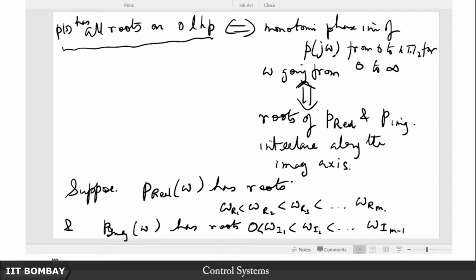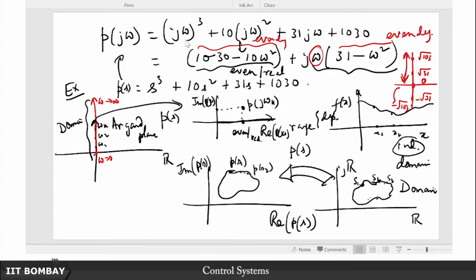So split the polynomial into the even and the odd part, and then look for the roots of each. For example, here the original polynomial is cubic, but these polynomials aren't, so each of them is relatively easy to find the roots of. Here you see immediately the interlacing property doesn't hold, as we shall see probably later when we take up this example using Routh.